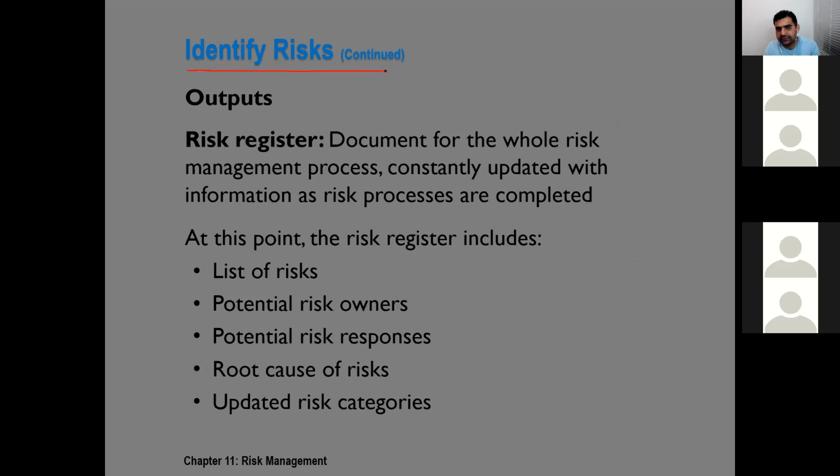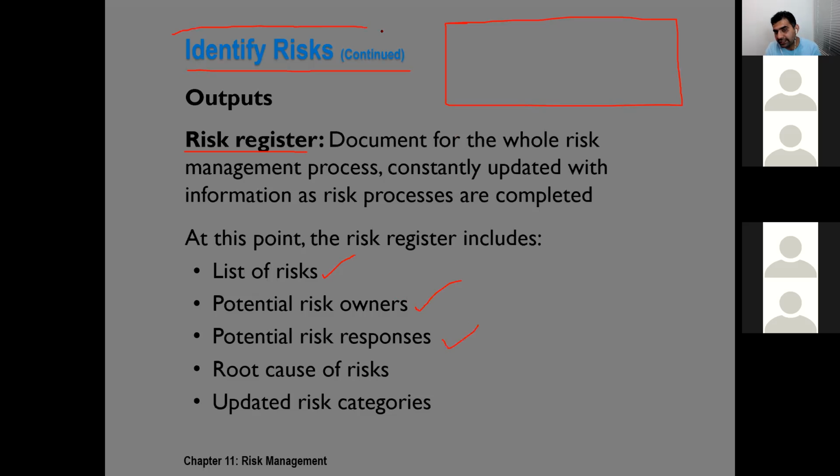Output of identifying risks: the risk register. This is a very important document, a very important artifact. It's a living document. It is first generated when we start identifying the risks. Normally, a risk register is a big sheet where we have multiple columns that talk about different risks, their description, potential risk owners, potential risk responses.